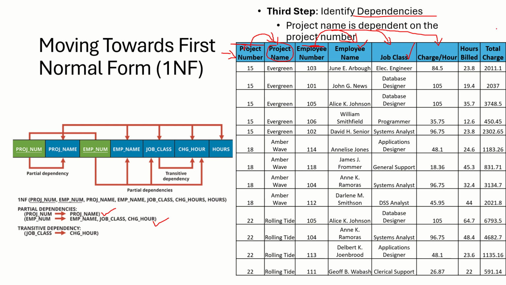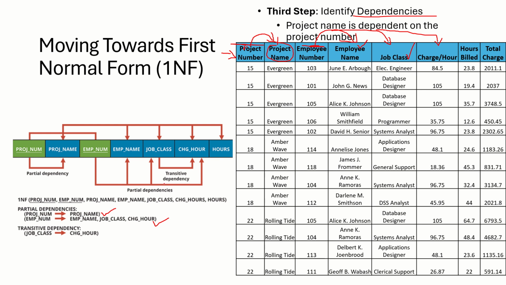Some people will ask, so employee number, can you tell the hours billed? The answer is no. You cannot tell, because employee number could tell the information about this employee, but you don't know exactly how many hours they billed, right?